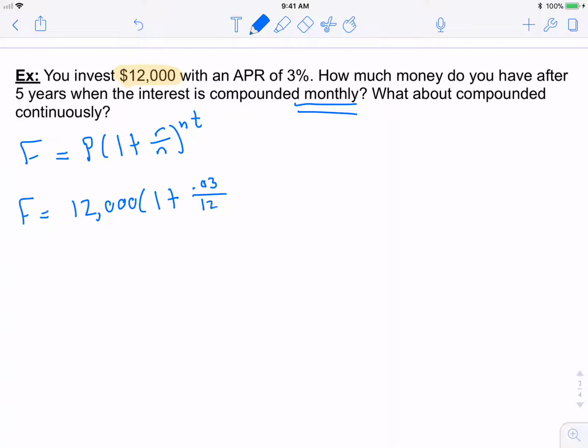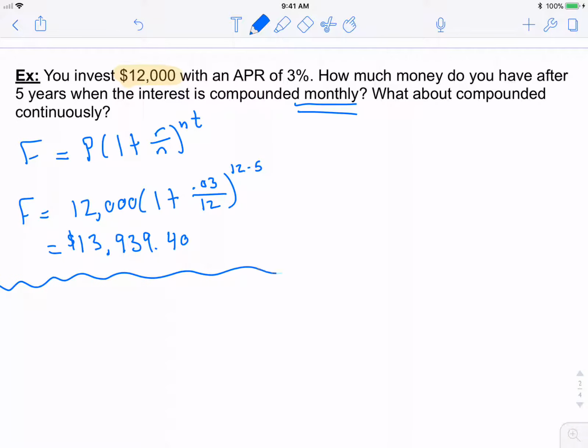Since this is monthly, it'll be 12 times. And then to the power, number of times compounded times years. 12 times 5 means that we will compound interest 60 times. When we put this into the calculator, we'll see that we have $13,939.40. So after 5 years, our $12,000 investment grew by about $2,000.